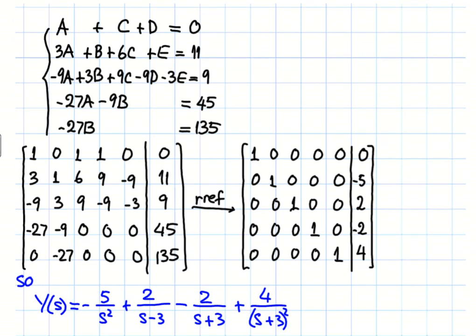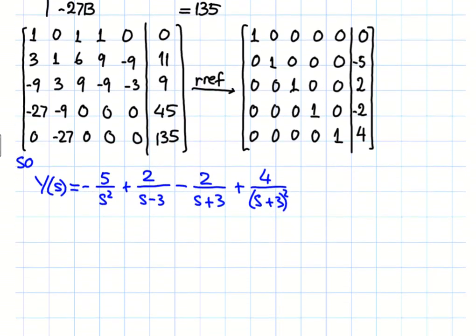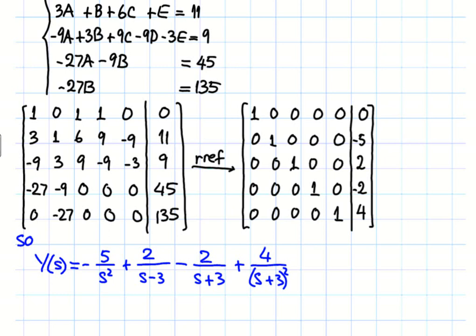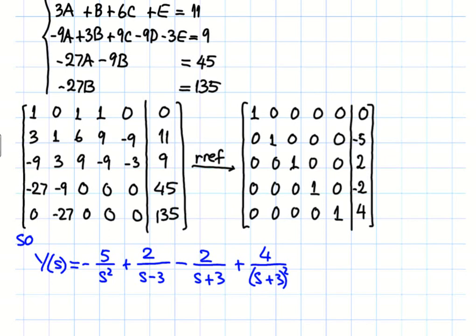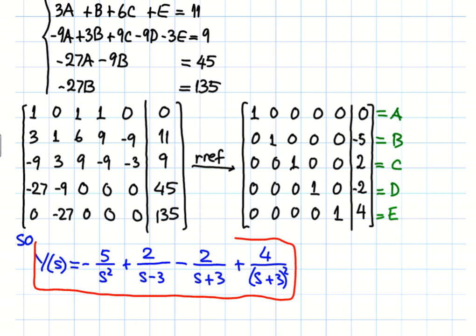If we put it in the calculator in reduced row echelon form, we should end up with this. So A is 0, B is negative 5, C is 2, D is negative 2, and E is 4. And so we have Y(s) in this form. All we need to do is the inverse transform from here, and then we will have the solution.